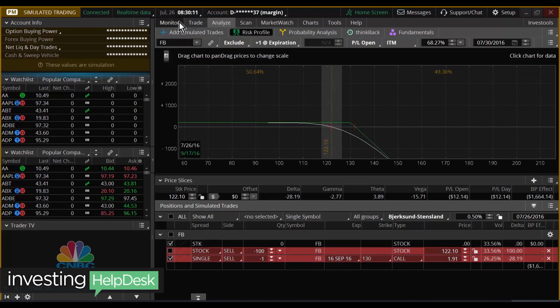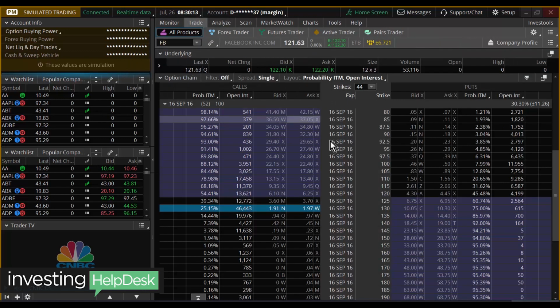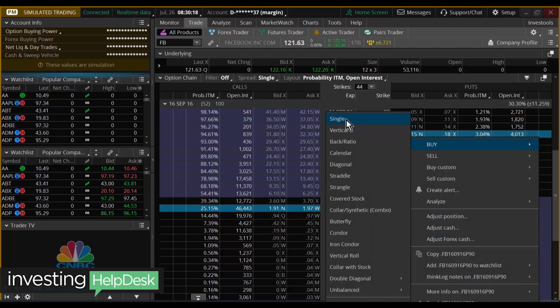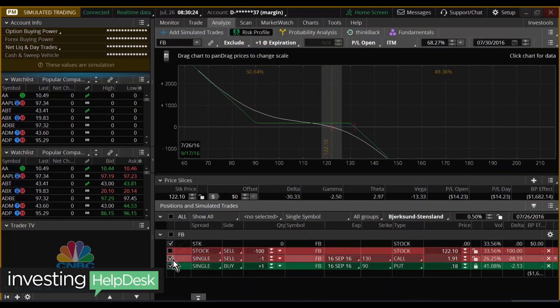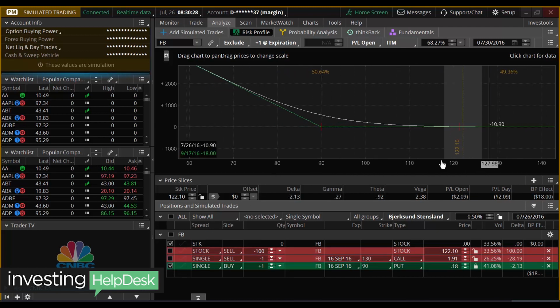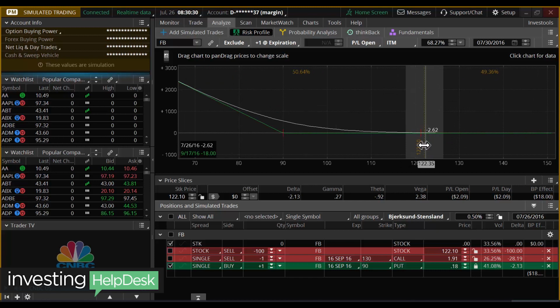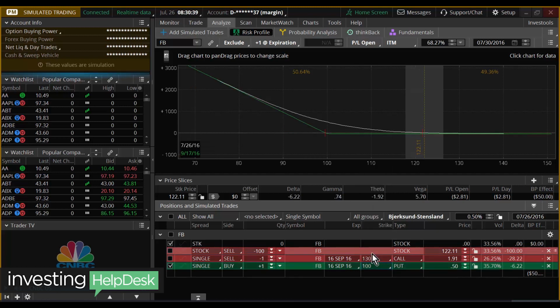Now, if you did the put side, okay, because we did the call side, if you did the put side, it works a little bit differently. So what I can do is go ahead and buy now a single, and now it works actually a little bit differently. So let's uncheck this selling of the call. So you can see now this is also similar to shorting a stock, you could say, because now I'm looking to short that premium, and I can move the strike prices, of course, to let's say 100 or 105.